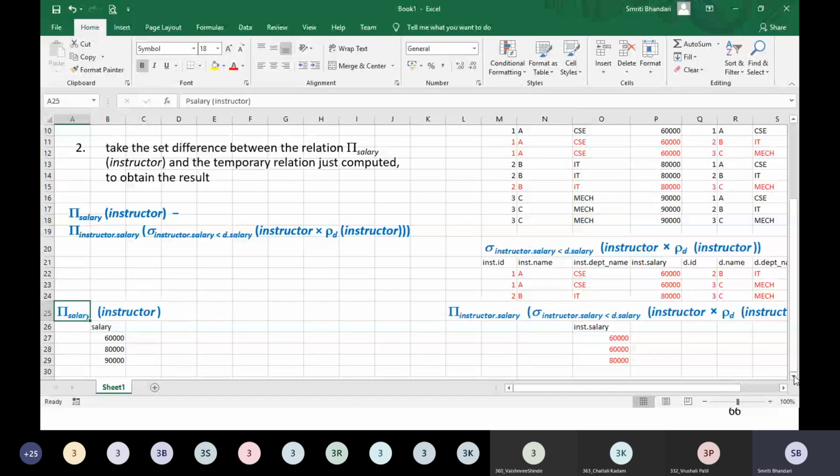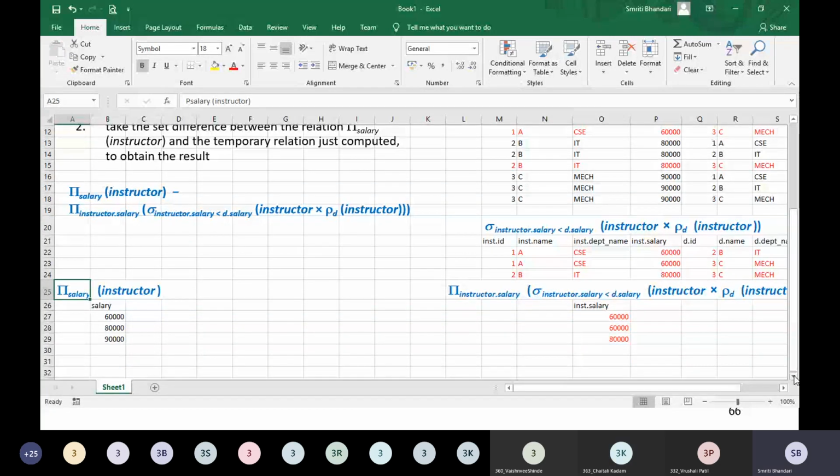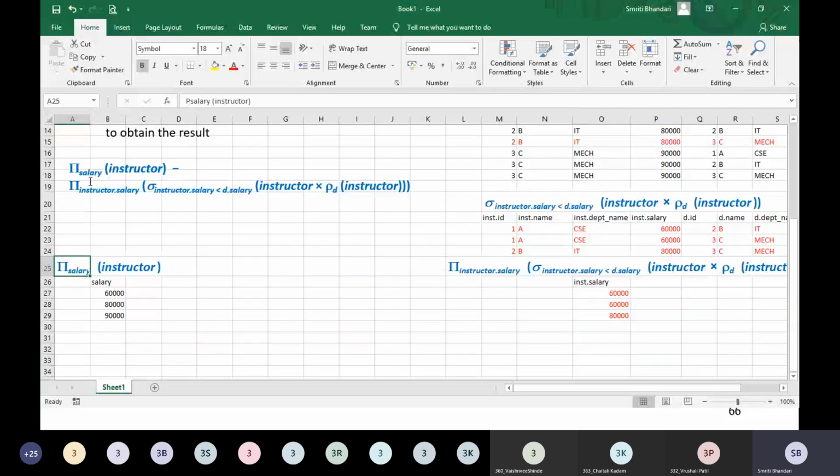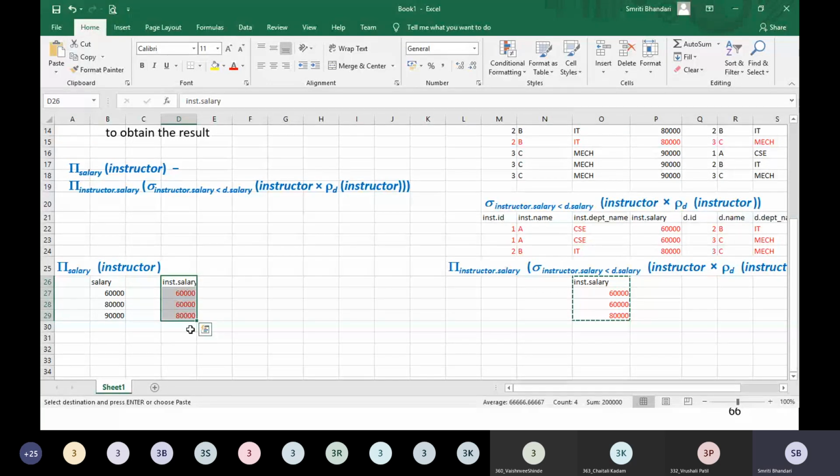Yes, ma'am. Okay. So what we have is projection salary from instructor, this output, and what is the output of this statement that we have already computed? Correct, no? We have already computed that output.